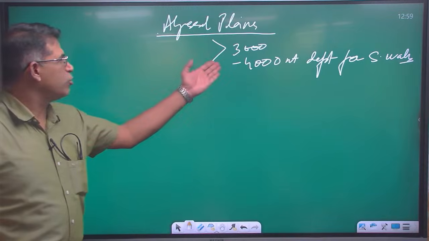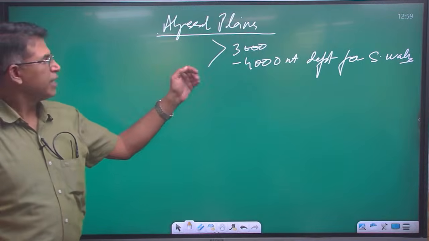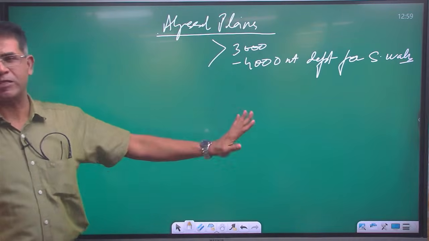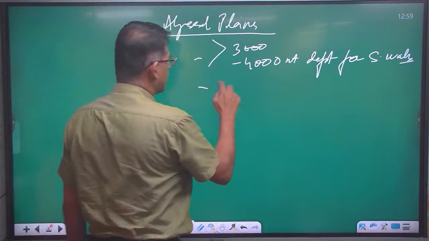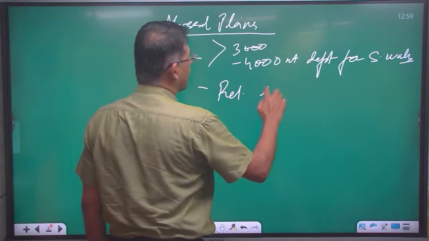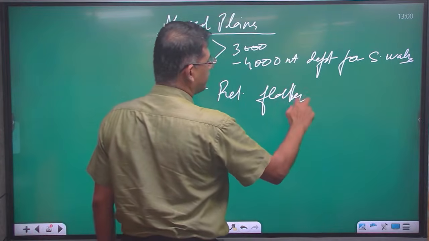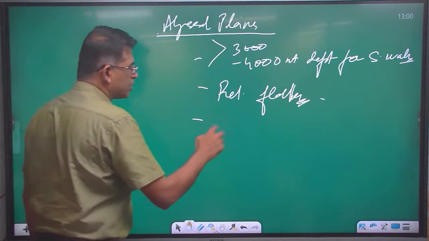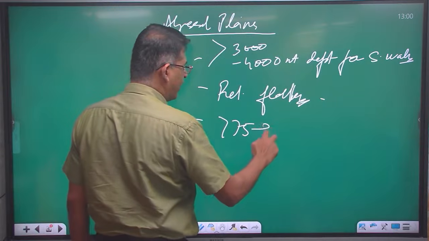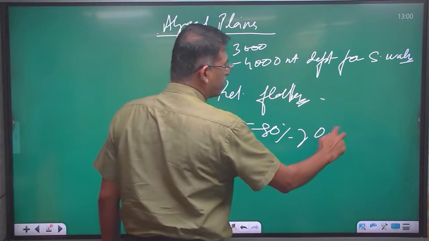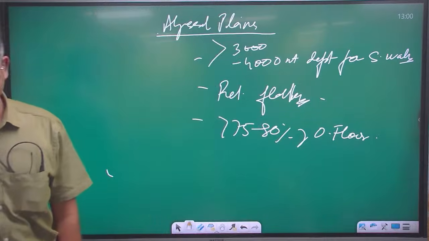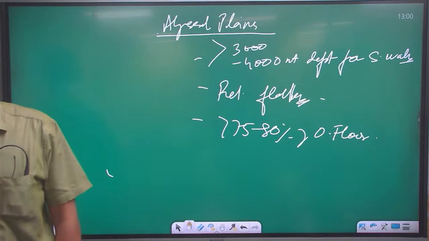Some books cite 2.8 something, 2.7 something. Some can write 3.7 something. That's not an exact number here, but it's the deepest part. This is relatively flatter. This is more than 75 to 80% of the ocean floor.